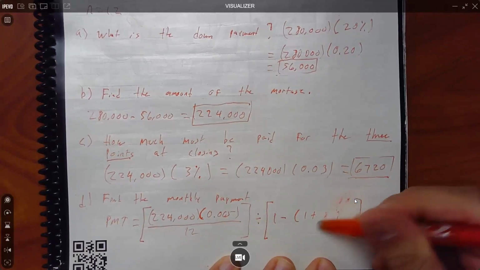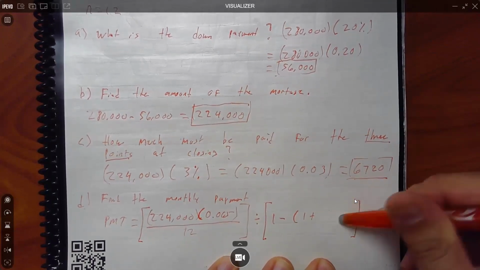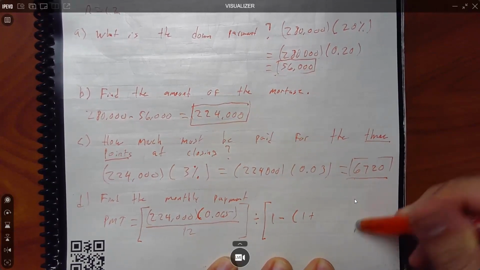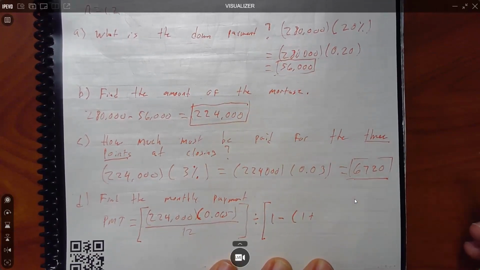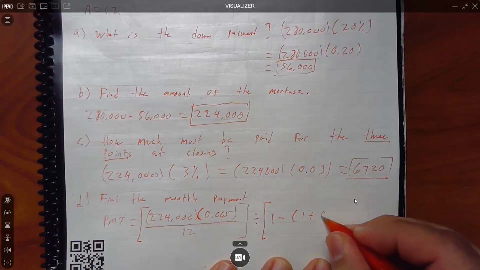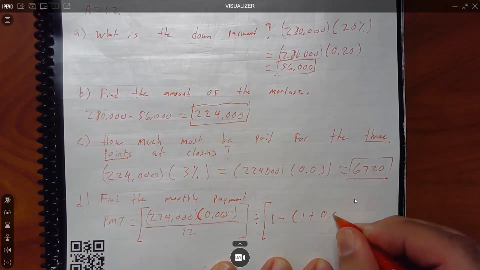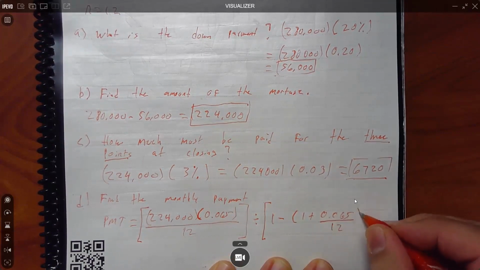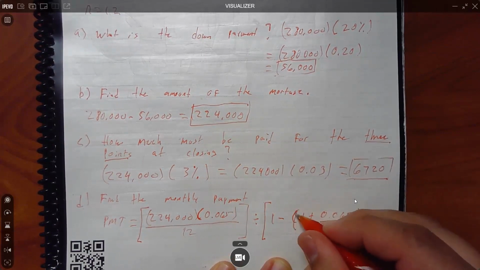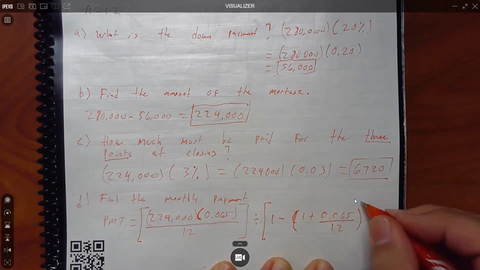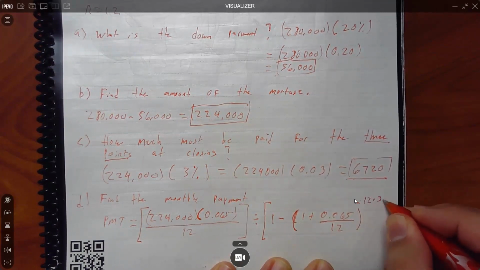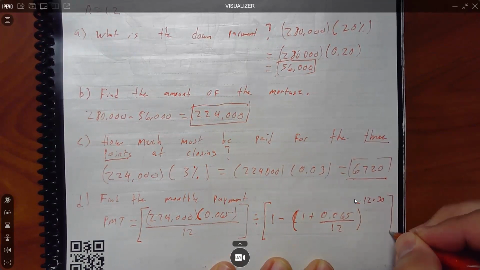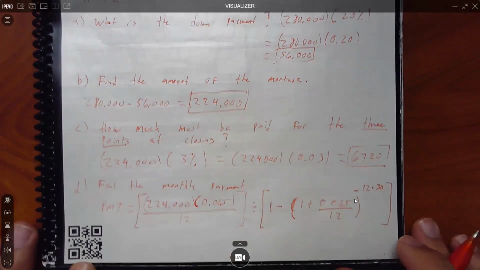I'm a little distracted today, I'm sorry. R is 0.065 divided by 12, to the negative 12 times 30. There you go.